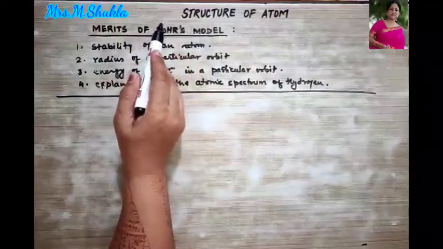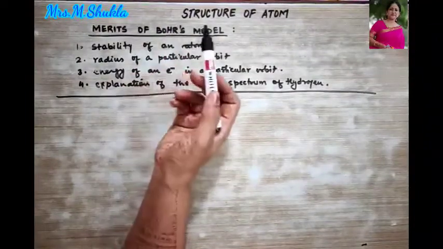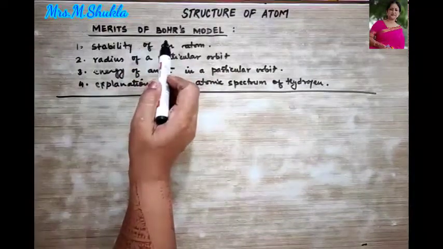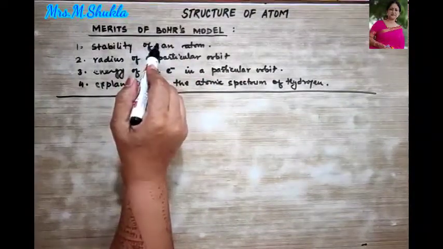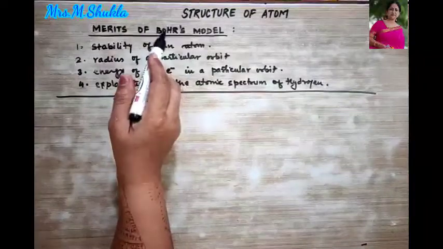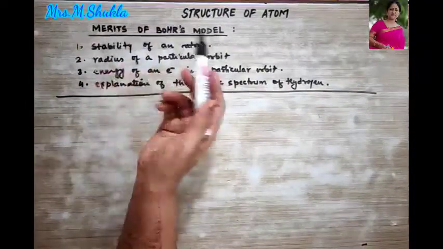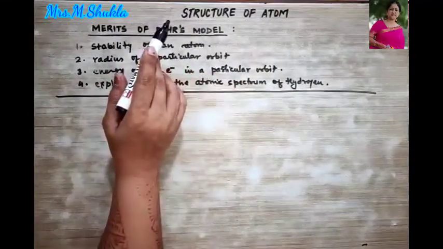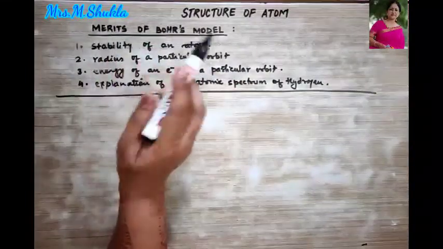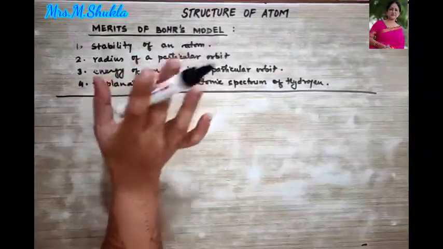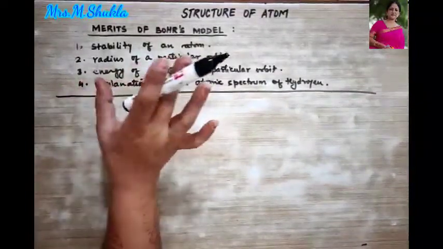So Bohr gave his theory, his postulates, in which he tried to explain that the atom shows stability. How? According to Bohr's theory, an electron neither gains nor loses energy while it is moving in a particular shell. Why so? Because each shell has a certain energy.